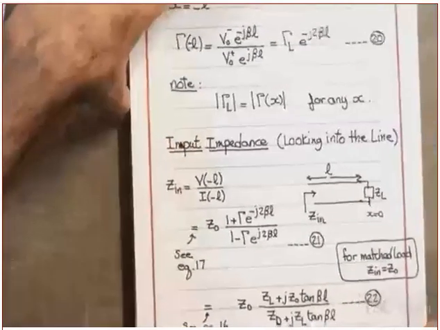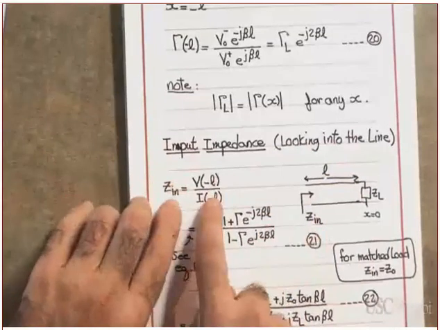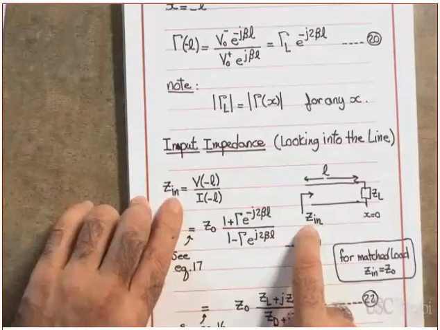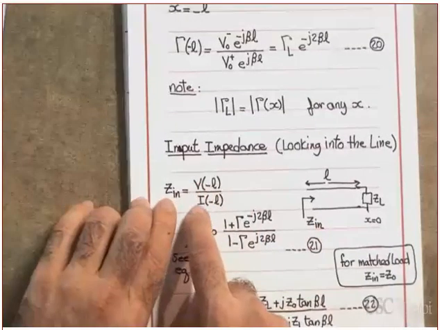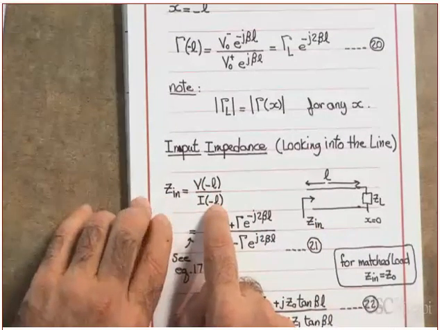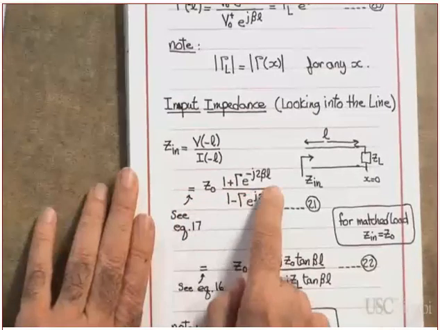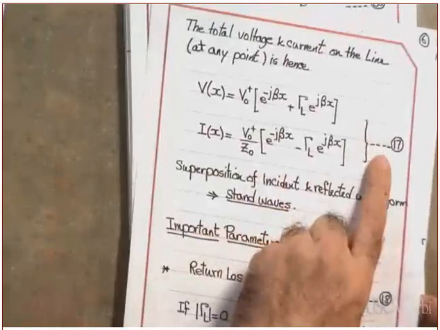Okay, good. Now, let's get back. Looking into the line, that's the input impedance. And again, as I told you, we started x equal to 0, which means this is x equal to minus L. So I substitute V of minus L divided by I of minus L. Clear? And I ended up with Zin equal to Z naught plus this. Where did this come from? It came from equation 17.